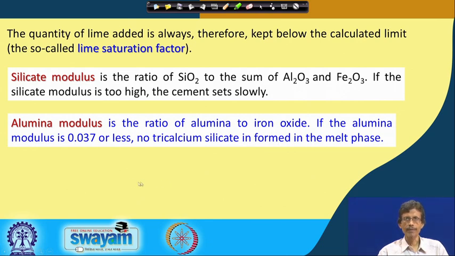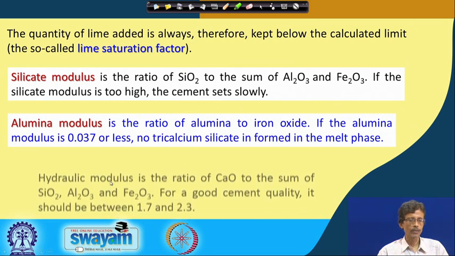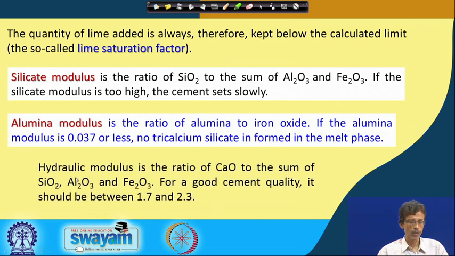So when you get the melt phase, no tricalcium silicate will be formed at the corresponding alumina modulus. The hydraulic modulus, which gives us the corresponding hydraulic cement, is determined by the ratio of calcium oxide to the sum of SiO2, Al2O3 and Fe2O3.